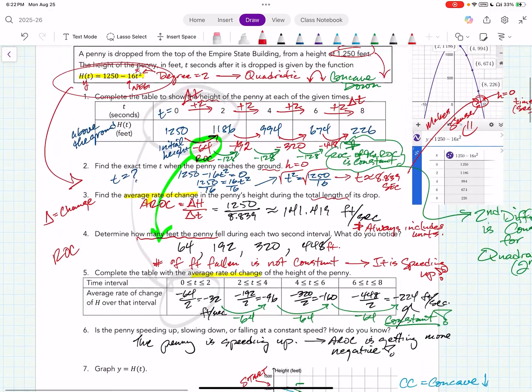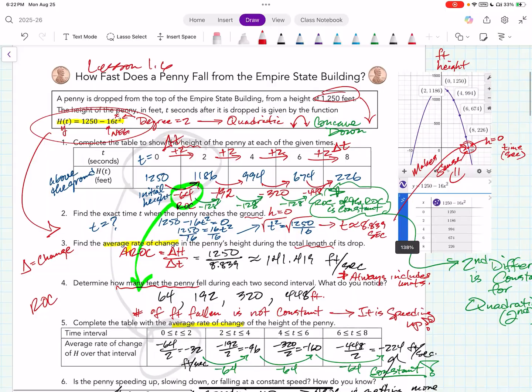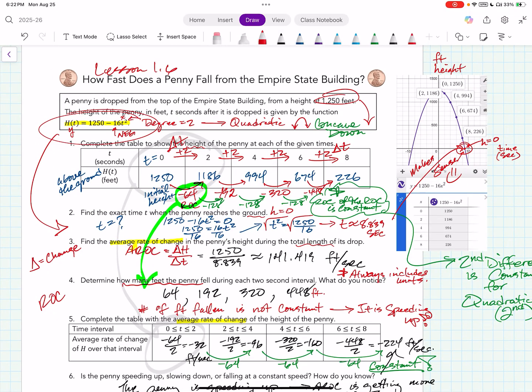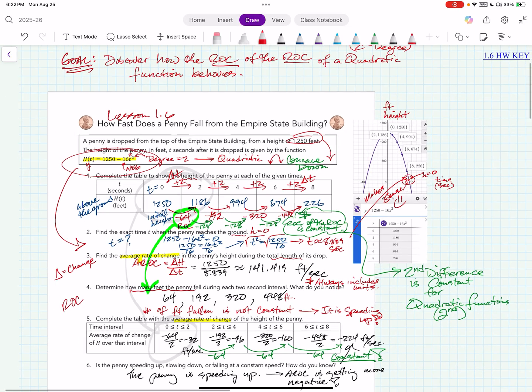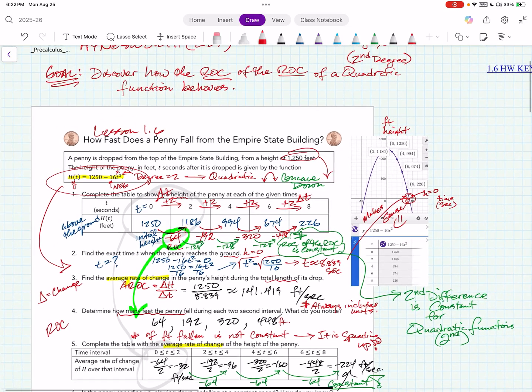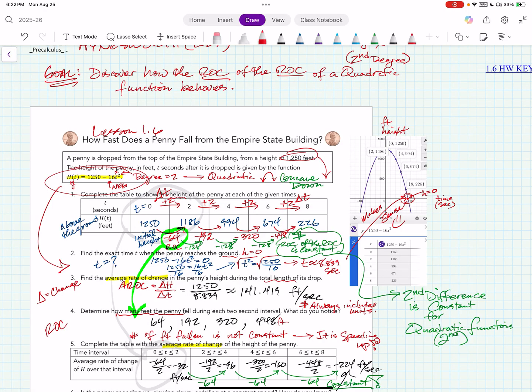Those are the concepts that we applied here in the lesson. Once again, we're applying really important concepts of concavity, of average rate of change, and looking at the rates of change of the rate of change, the first and the second difference, and applying it in this case to a quadratic function. So now we know through this activity that the rate of change of a quadratic is constant.